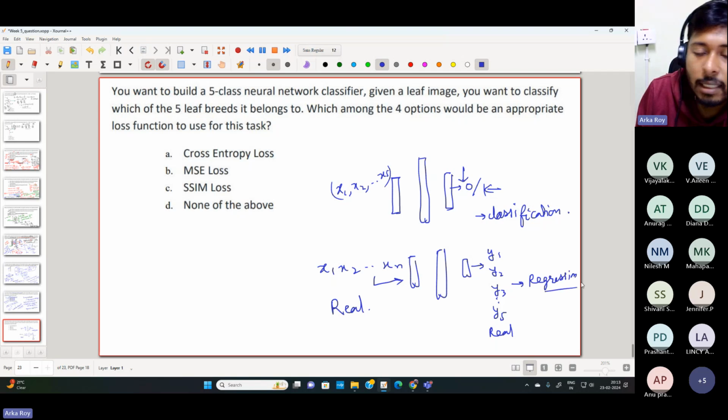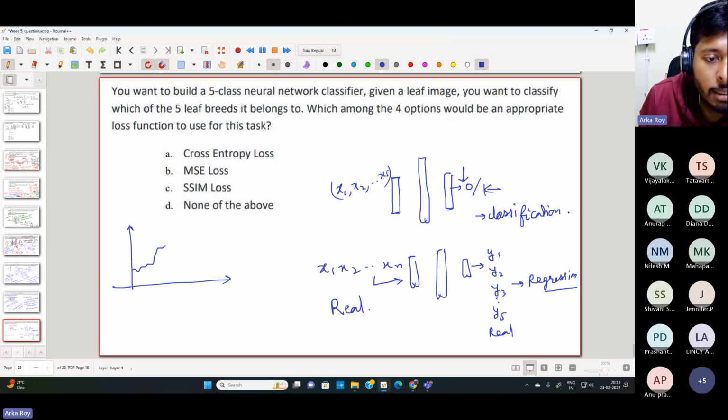If I give you one example, it could be the stock market data analysis. Let's say given 5 days of stock market data, you need to predict what would be the observation for the 6th day.